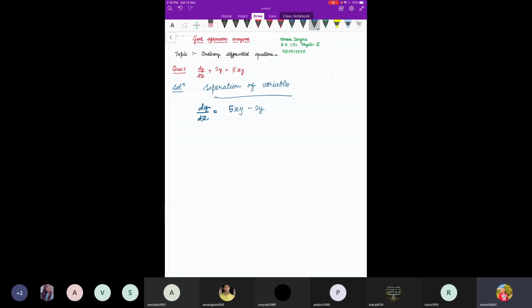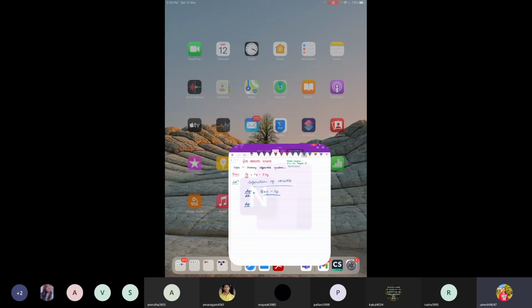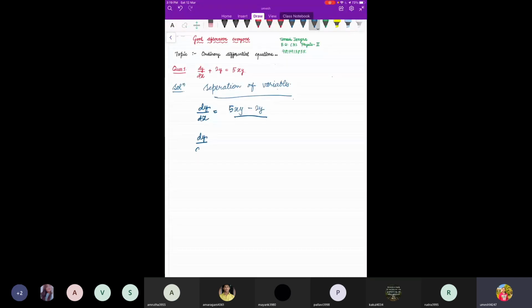Okay, so we will take y common from here. dy by dx is equals to y times 5x minus 2. Is this point clear to everyone? I just did nothing. I took 2y to the RHS and took y common. Is it fine? Yes, Bhaiya.